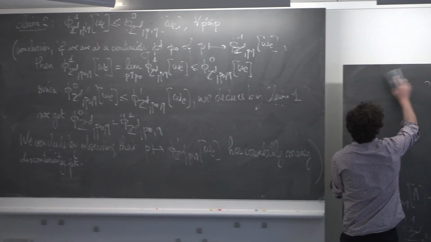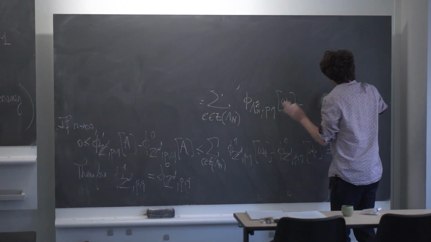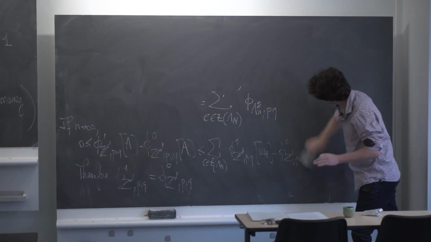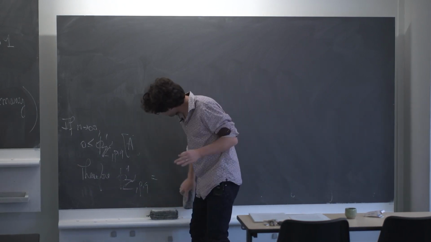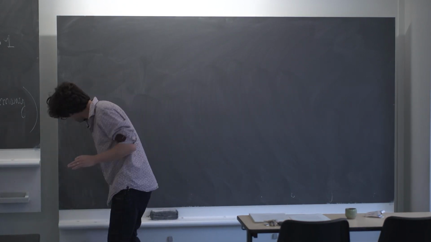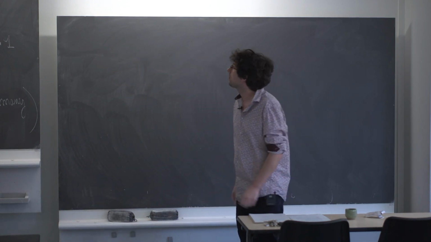So what I need to prove is that as soon as I take different p's, it's not possible that the big measure, so phi 1, is larger than phi 0.